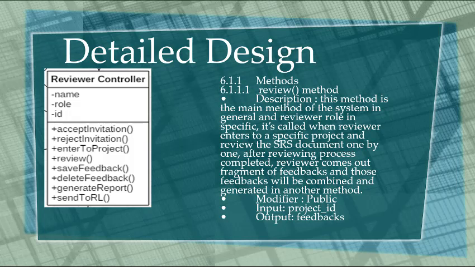This method is called when the reviewer enters a specific project and reviews the SRS document one by one. After the reviewing process is completed, the reviewer comes out with a set of feedbacks, and those feedbacks will be combined and generated in another method, which is generate report. The modifier for this method is public, and the input is the project ID in order to identify which project is being reviewed, and the output is the feedbacks.